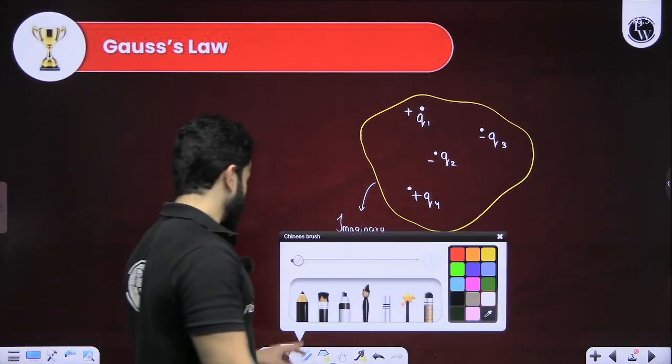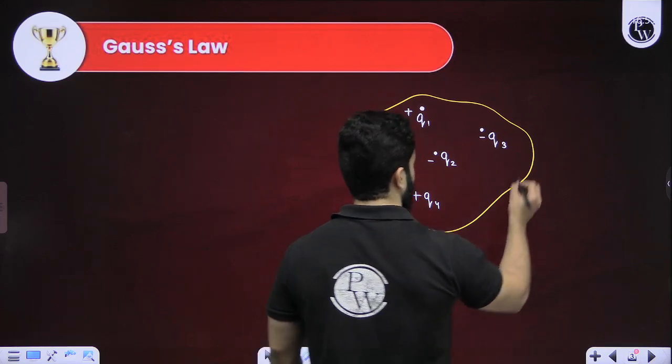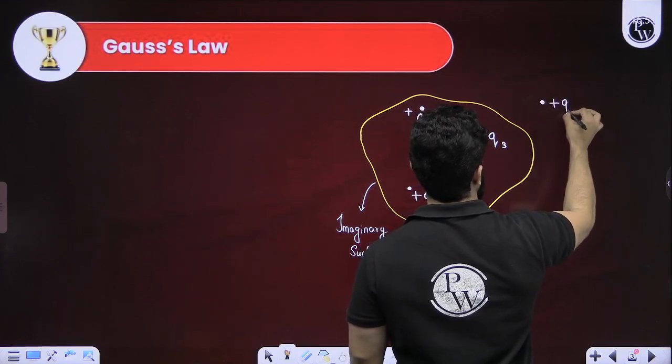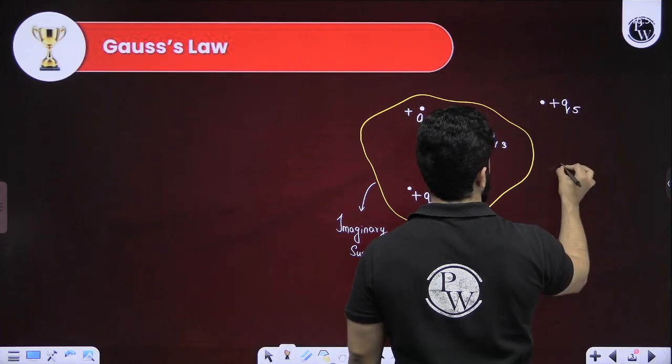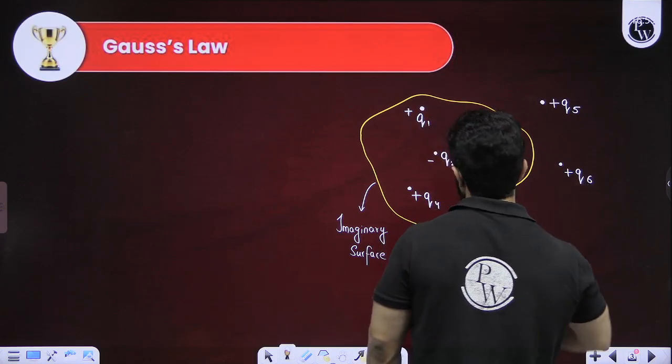And also let's suppose that we have got some more charges which are outside of this surface, let's say Q5, Q6, something like this.